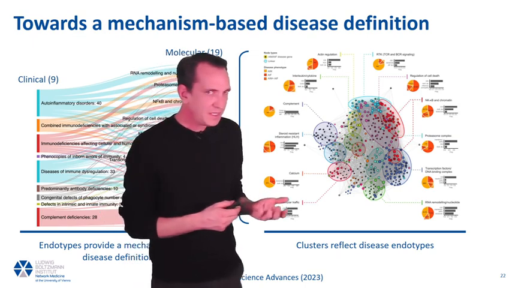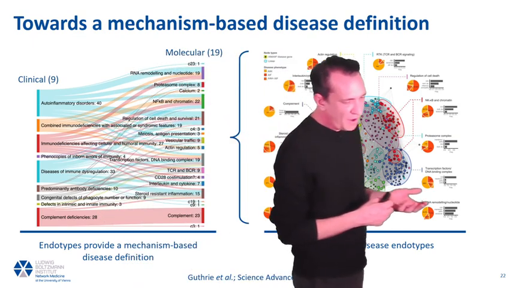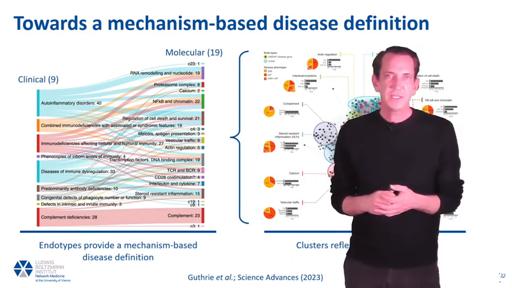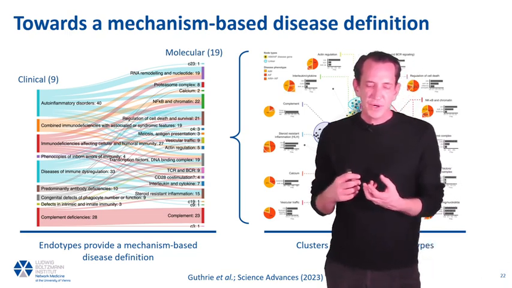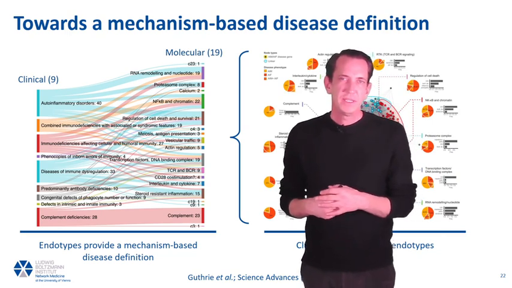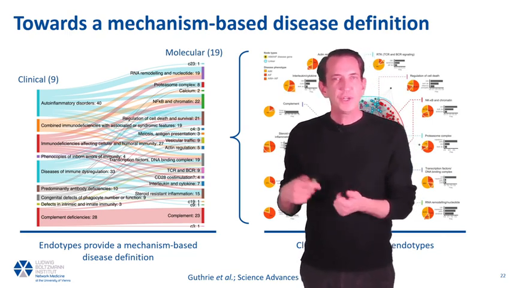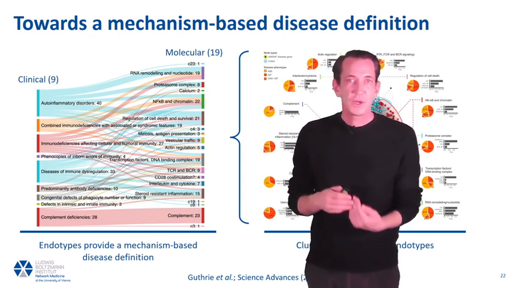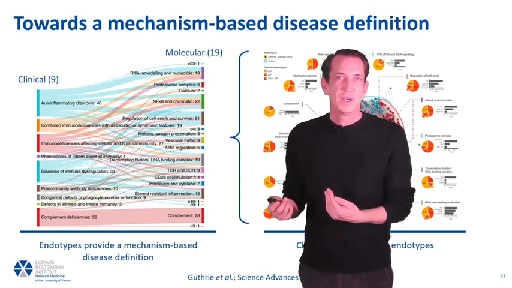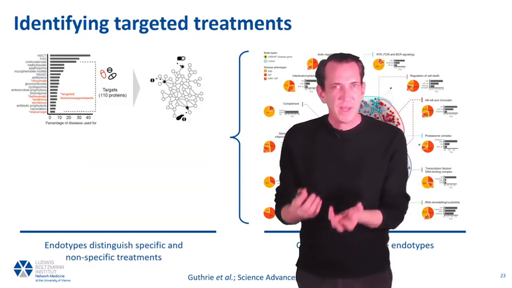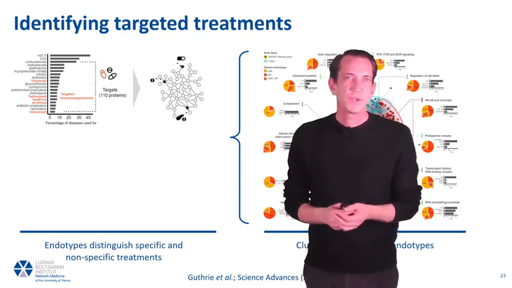And this redefinition of diseases, if you will, compared to more clinical categories, provides a more well-defined and actually mechanism-based disease definition, which in turn also allows us to connect the definition or the diagnosis of a disease with a treatment recommendation, because it is really ultimately the molecular mechanism of the disease that you want to treat.